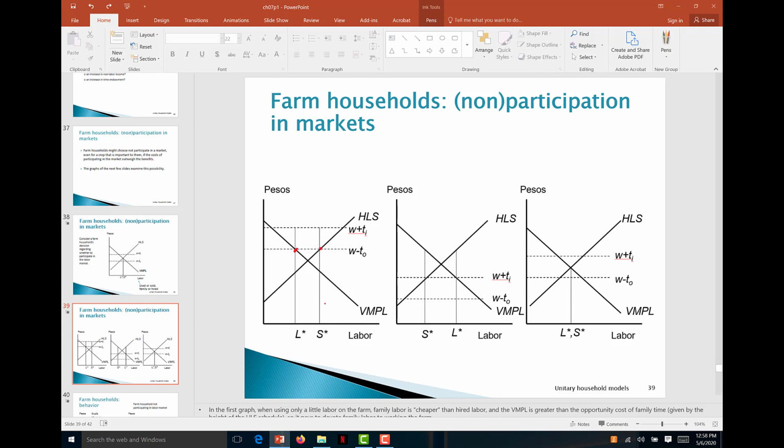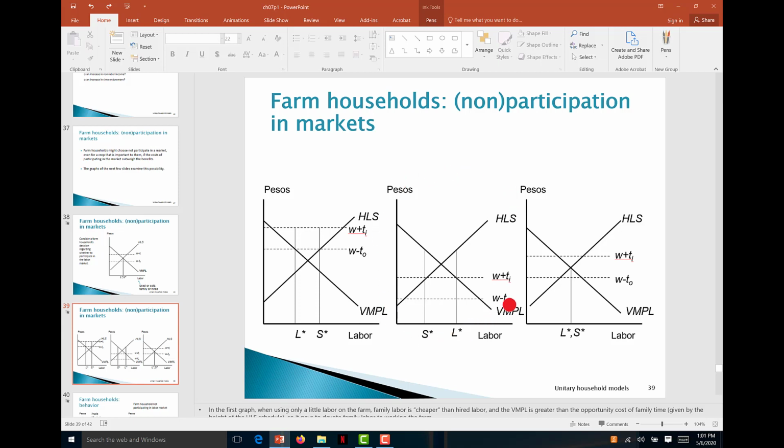So beyond this point, you choose not to work because it's not worth it to sacrifice another day of your time that you could have as spare time. You would not want to work more than this point, which means your labor supply is represented by this area, S minus L. That is the labor supply of the household that we are considering. Now let's take a look into the middle graph.